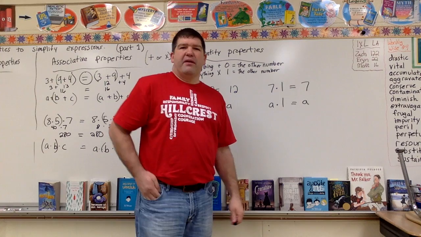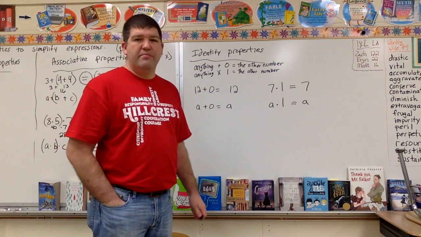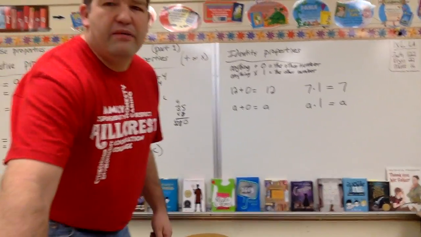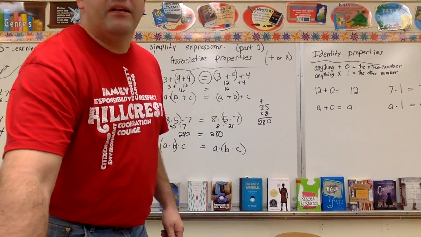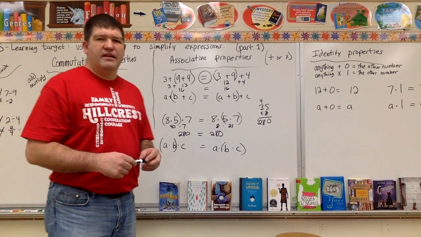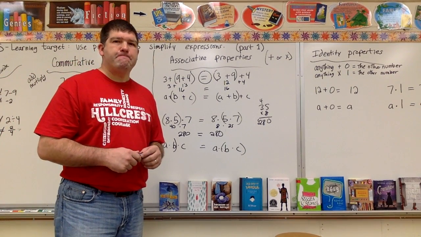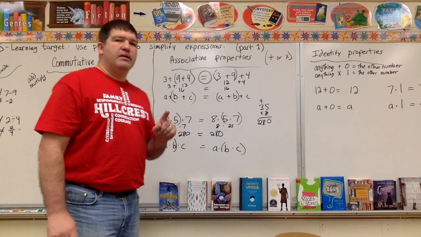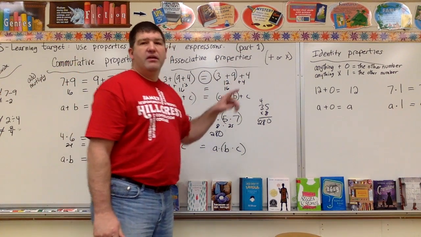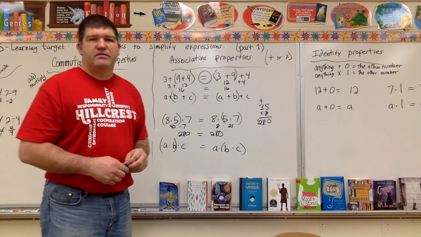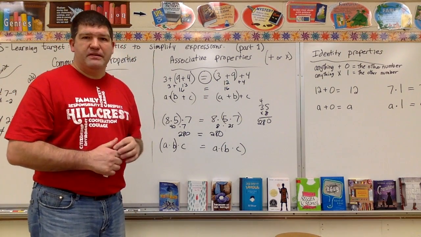You know it, you just probably haven't put a name to it. So those are 3 really important properties that you need to know: commutative, associative, and identity. In part 2, we're going to use these properties to help us solve some equations.